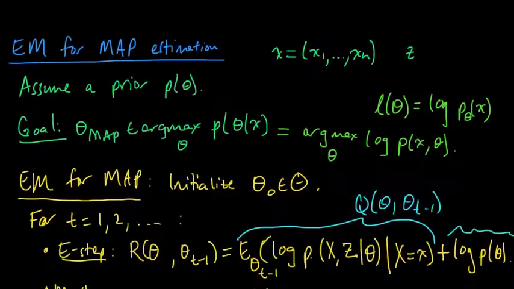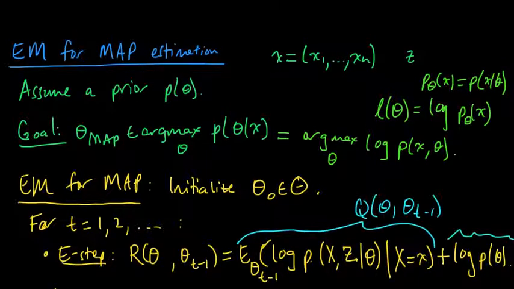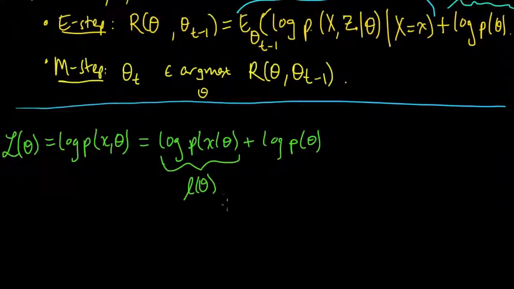This p sub theta of x is just another way of writing p of x given theta. It's just that when we put given theta, we're emphasizing the randomness of theta, but this means the same thing. So this is the little l of theta that we had from before. That's a good sign. We can use those same results.